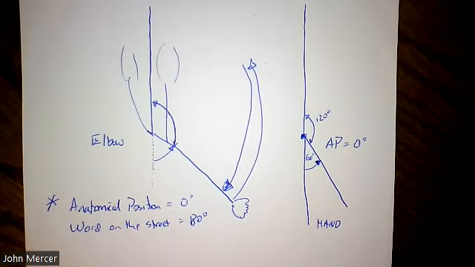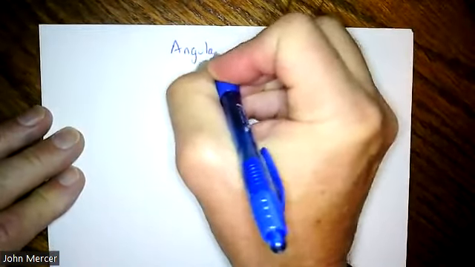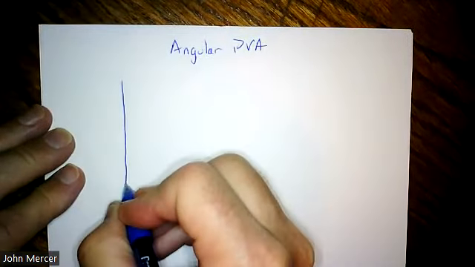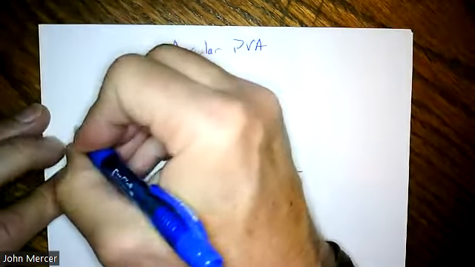When you're in anatomical position, the elbow will be at 0 degrees, and then as we start going through flexion, that angle increases. So now we're going to identify our graphs for angular PVA, and I'm going to do 3 plots, and I'm going to do angular position this way.